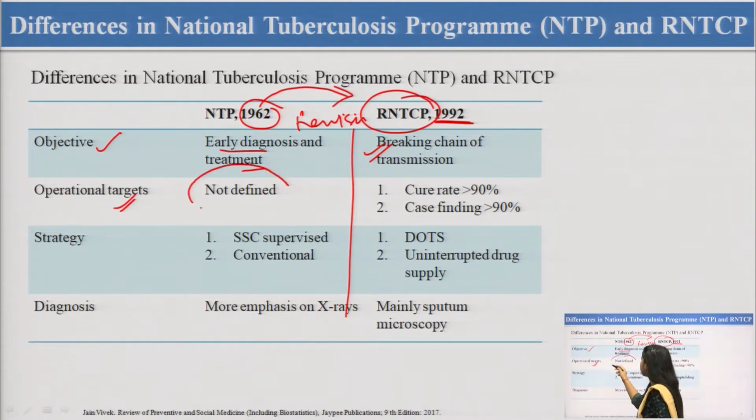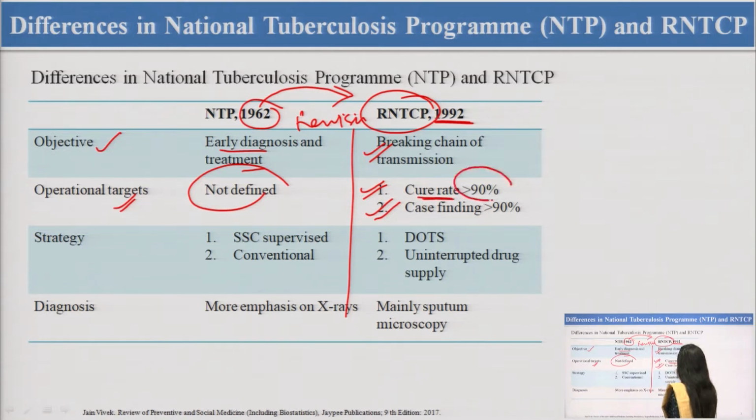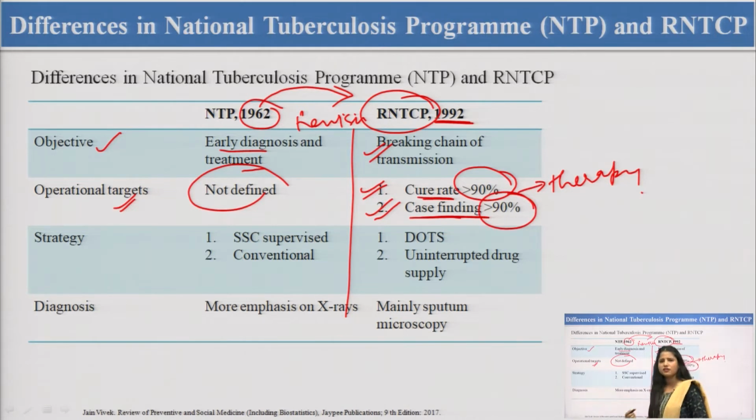They were not defined in the NTP, but after the revision we gave 2 targets. The cure rate should be more than 90%, by implementing the therapy, and case finding should be more than 90%, through both active and passive approaches.